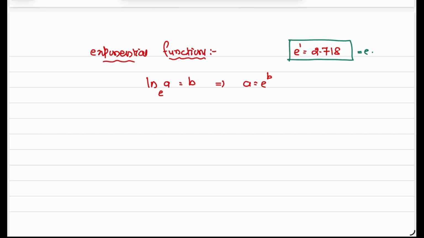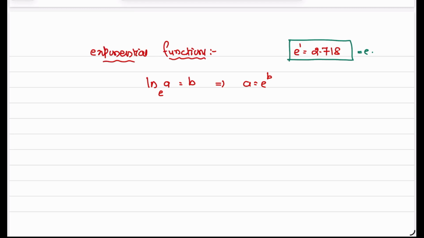Exponential e: I have told you ln A to the base e is equal to B. It implies A is equal to e to the power of B. What is the value of e? e to the power of 1 is equal to 2.718 approximately. This is the value of e.